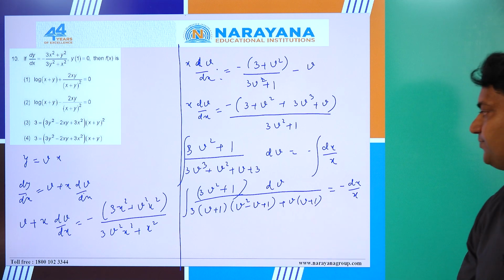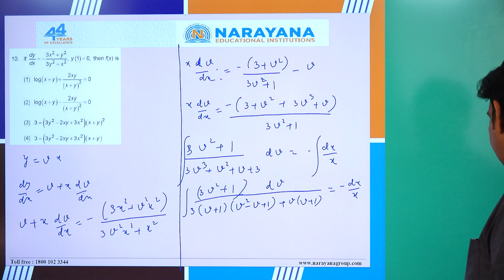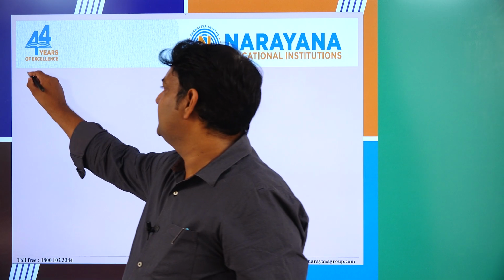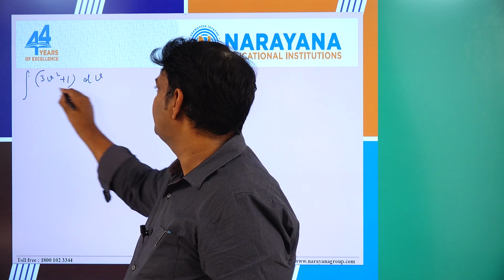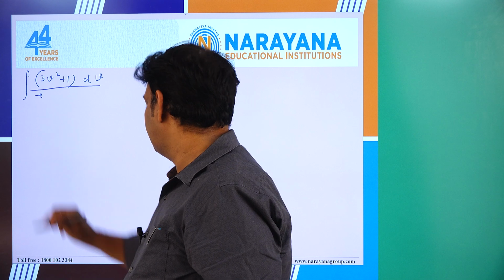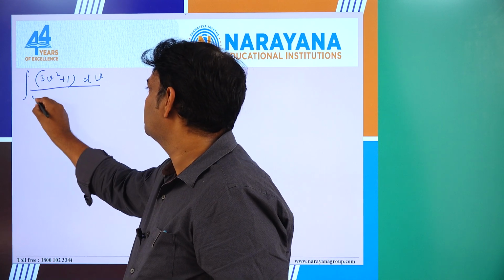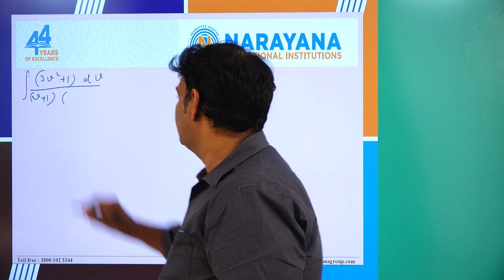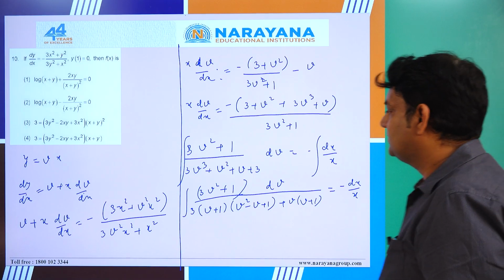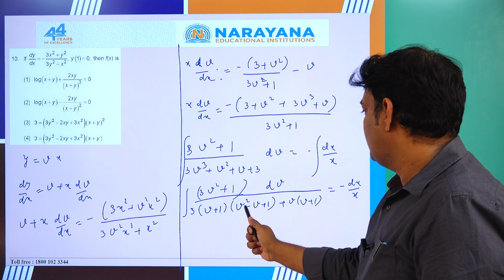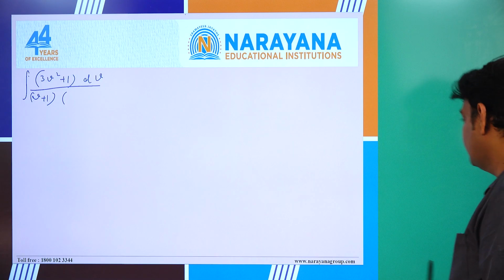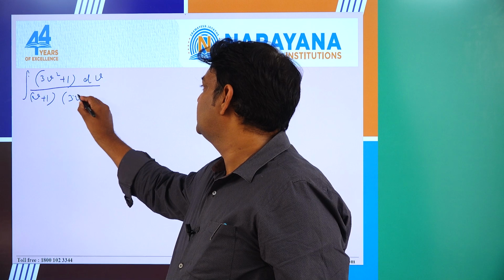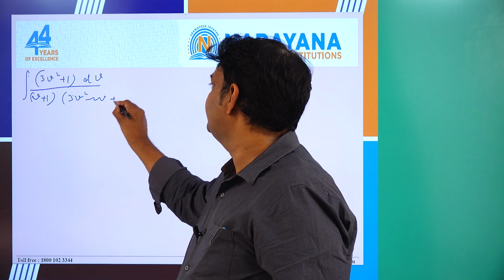And now what can we take common? We can take v plus 1 common in the denominator. So what will we get? Integral of (3v square plus 1) dv by v plus 1 into (3v square minus 3v plus v minus 2v, 3v square minus 2v plus 3).